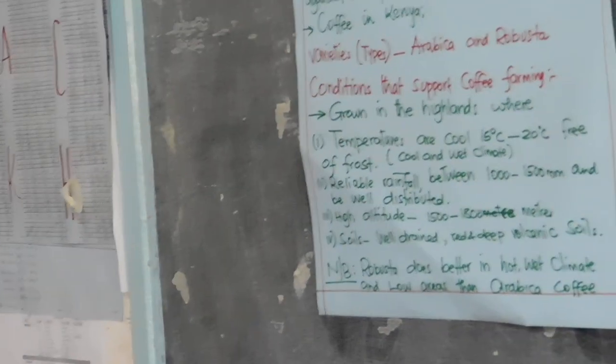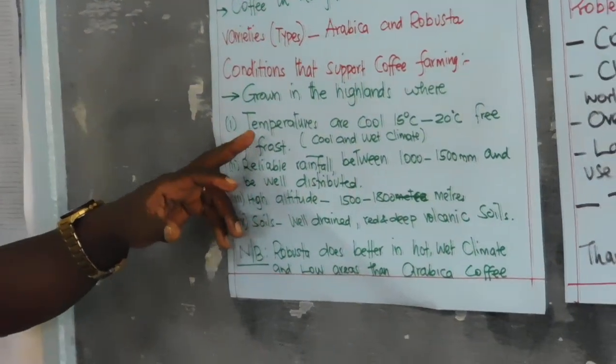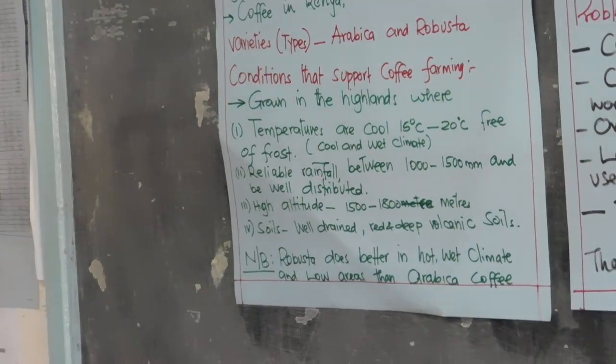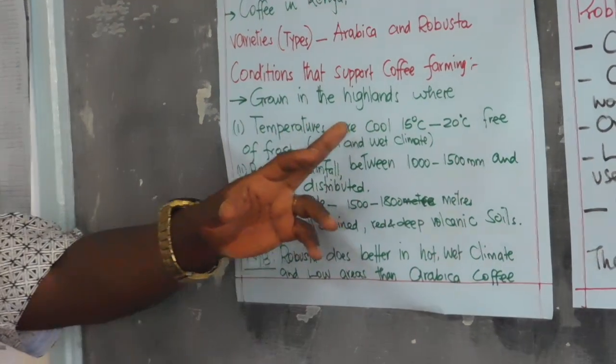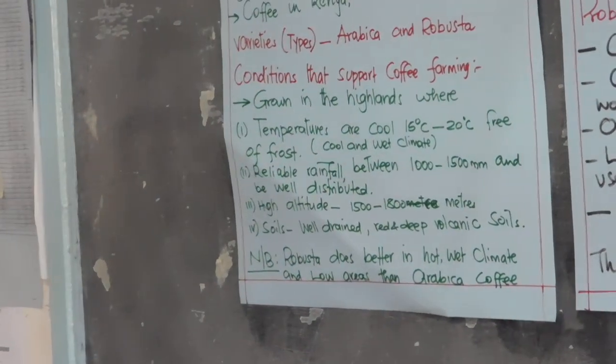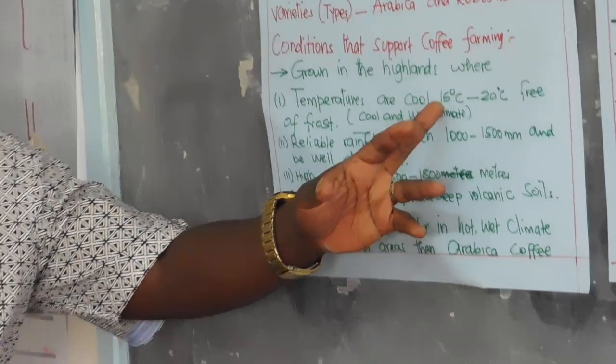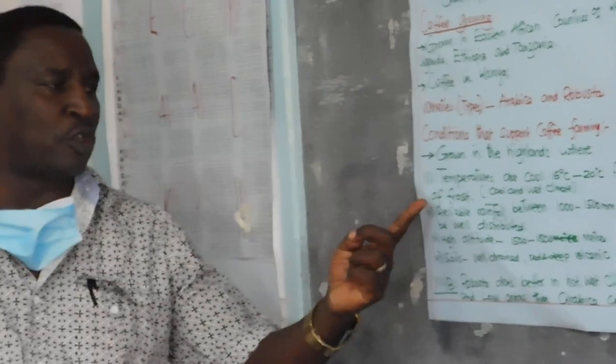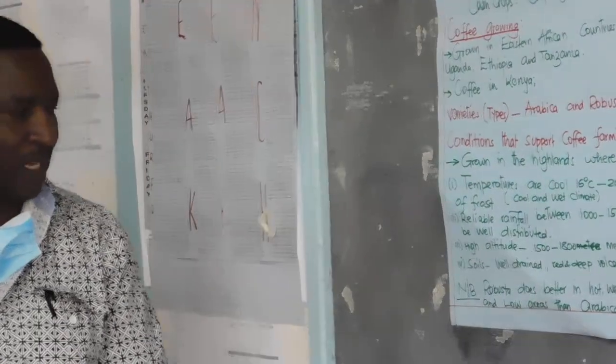The best conditions for growing coffee are cool, wet climates. The temperatures need to be cool, averaging between 15 degrees Celsius and 20 degrees Celsius. This requires that you always wear warm clothes in such areas. The climate must also be frost-free.